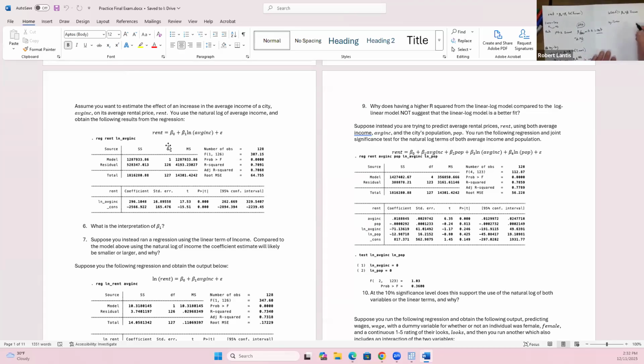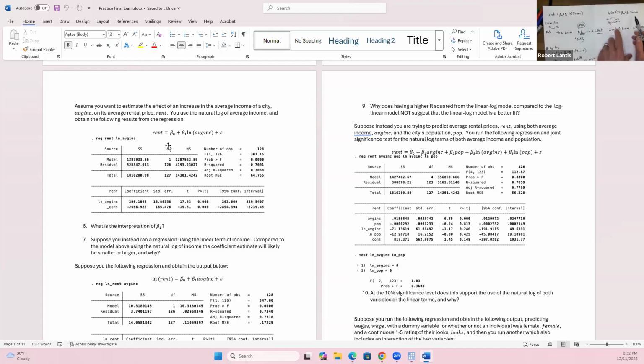So the interpretation is that a 1 unit change now in income causes my predicted rent to change by whatever beta 1 is. But if I'm going from a unit to a percentage, I would actually multiply by 100.